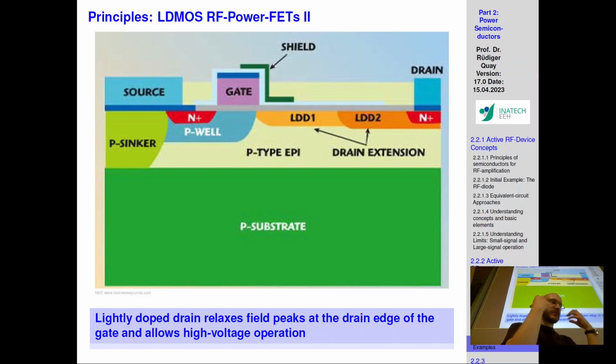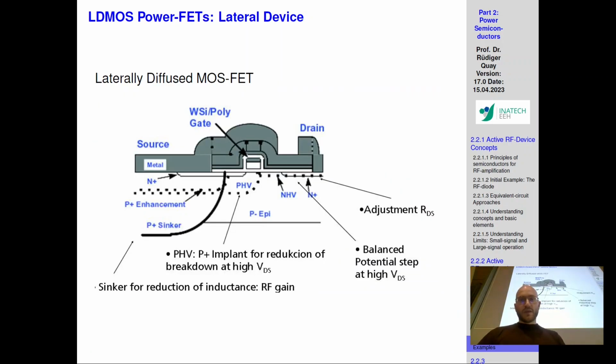The high voltage causes denser electric fields, which can cause a pinch-off and can cause the structure to burn. To avoid that, we add these doping layers to extend the drain, and the shielding to have more control over the carriers underneath.